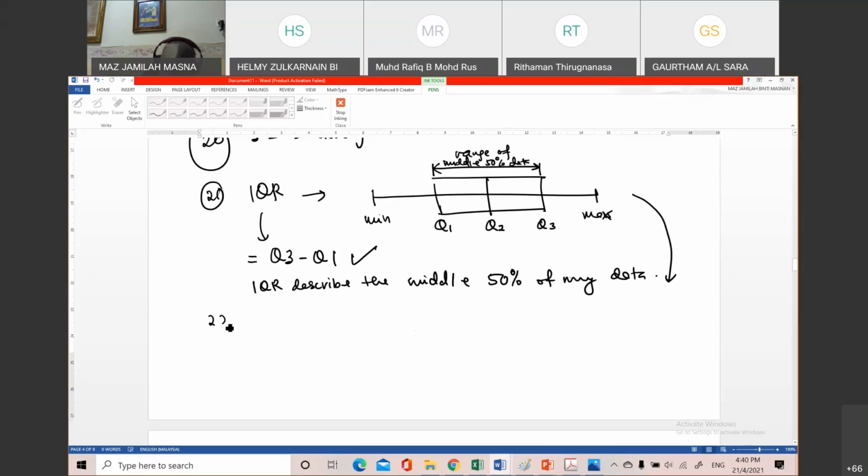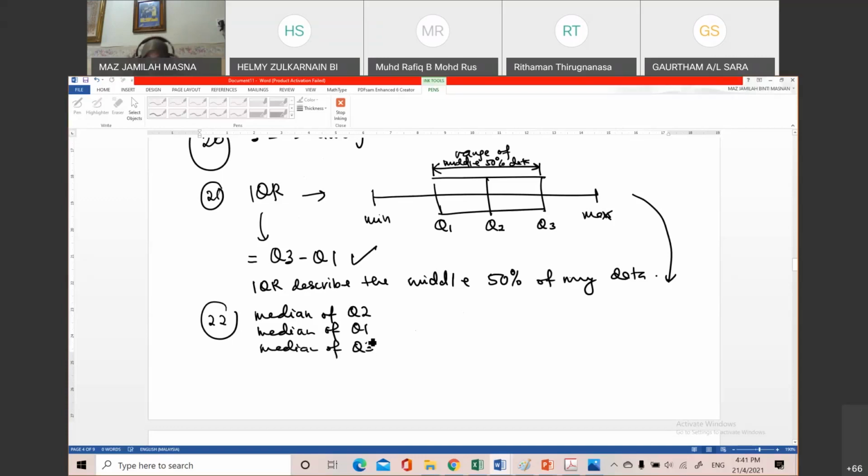So number 22, you are talking about median of second quartile, median of Q2, median of Q1, and median of Q3.